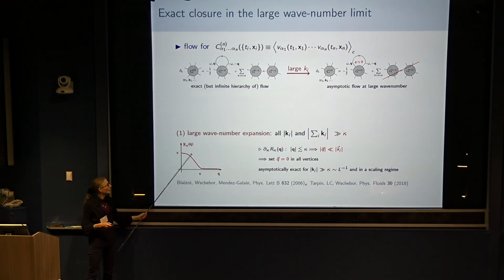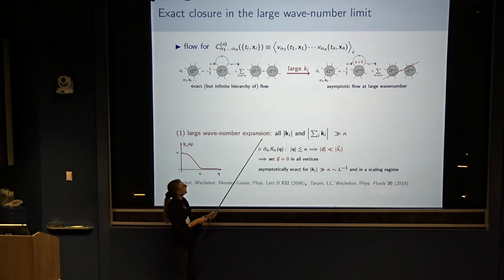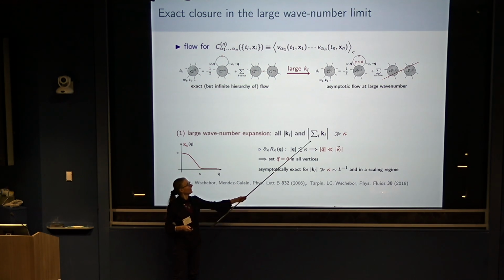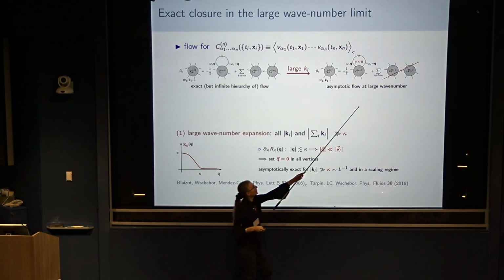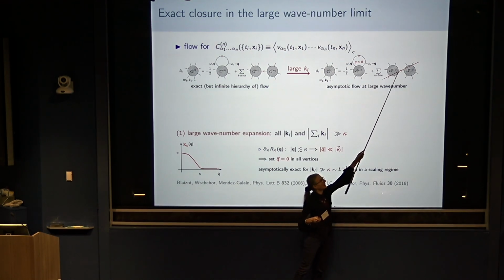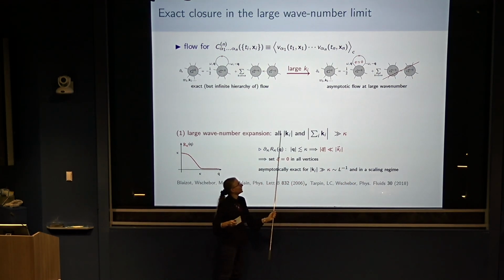Okay? And the property of this function is that it's exponentially suppressed at large k. So first, if you consider this limit where all the k and also all their partial sums are large, you can just forget about that because what goes through there is precisely this combination, and they're exponentially suppressed.